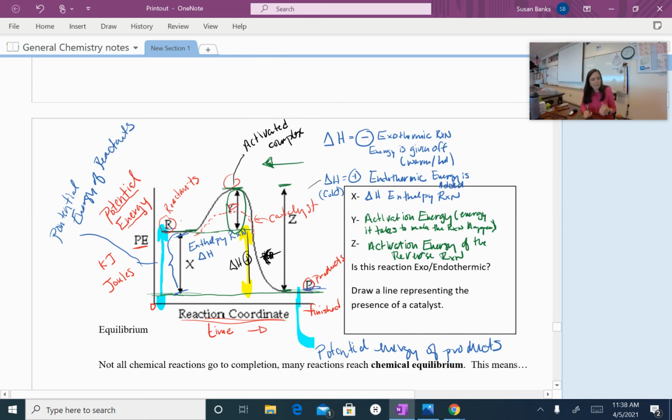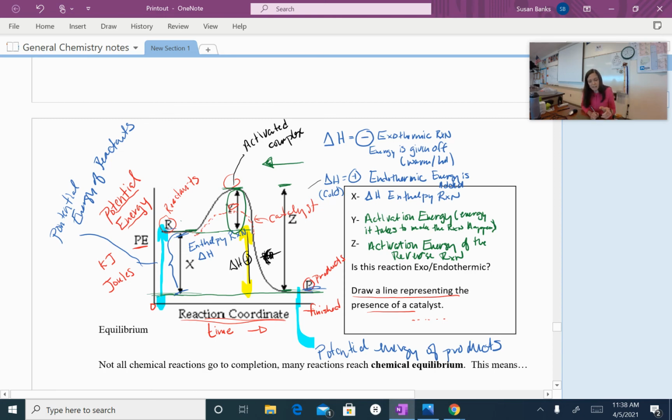My activated complex is a lot lower with my catalyst, which means a lot more molecules are going to have that energy to actually complete that reaction. And because more molecules have the energy to complete that reaction, it is going to appear to go faster. Okay, so the line drawing a catalyst is just our dotted red line.